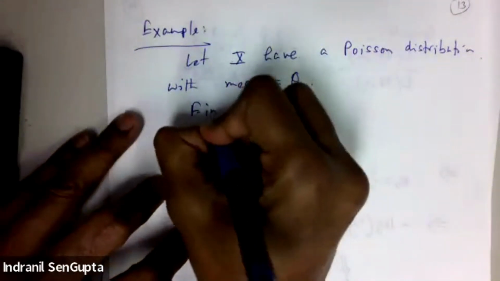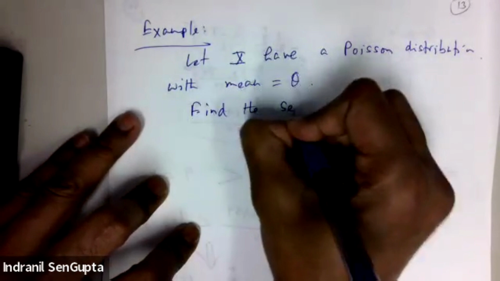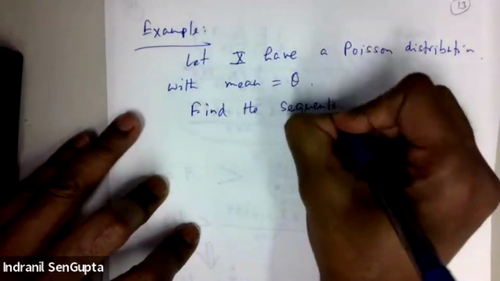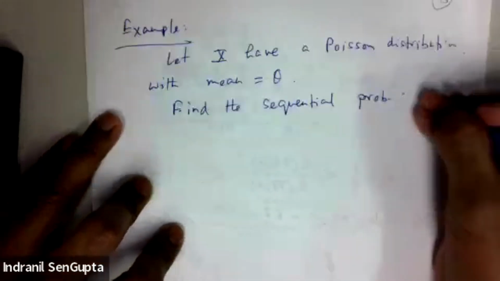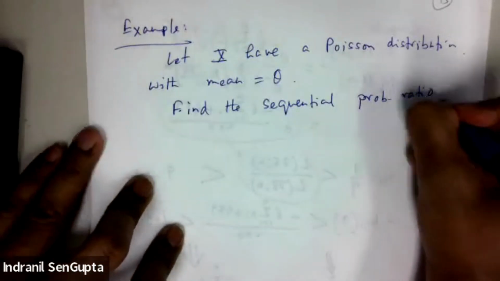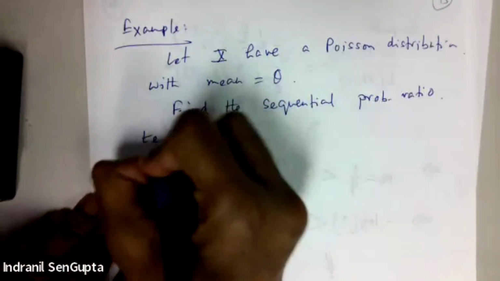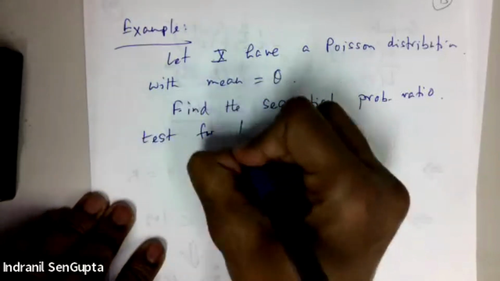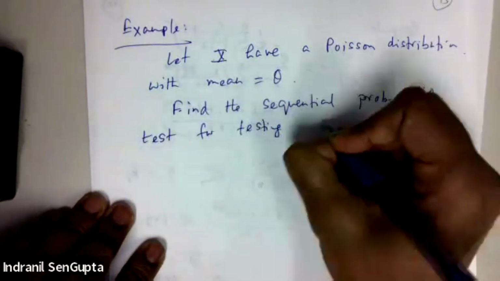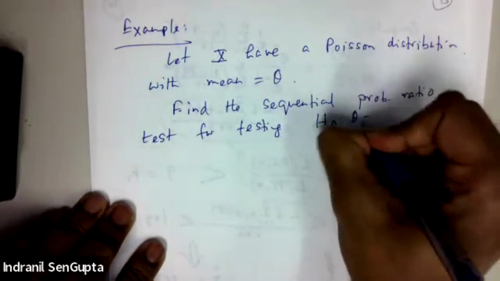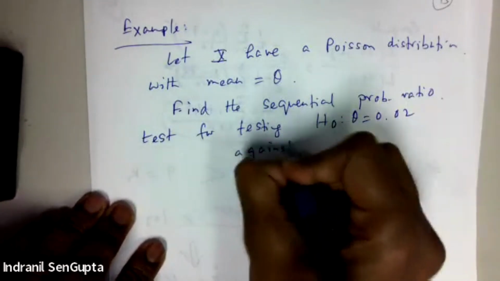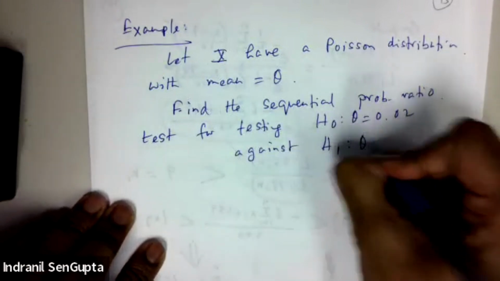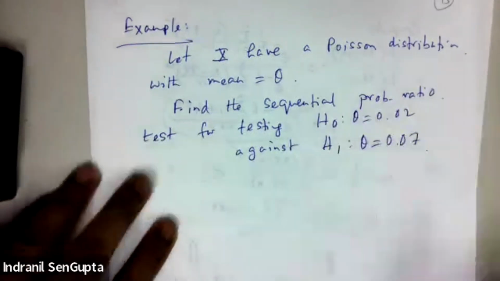Find the sequential probability ratio test for testing H0, which is theta equals 0.02, against H1, which is theta equals 0.07.